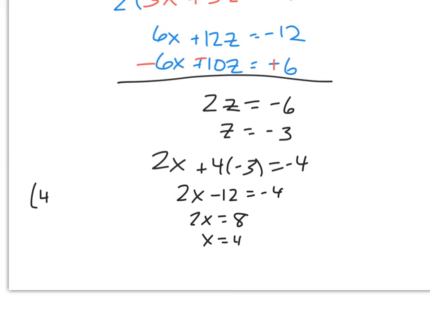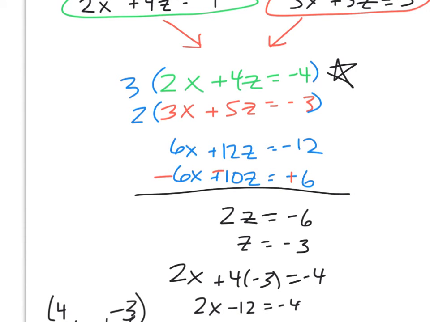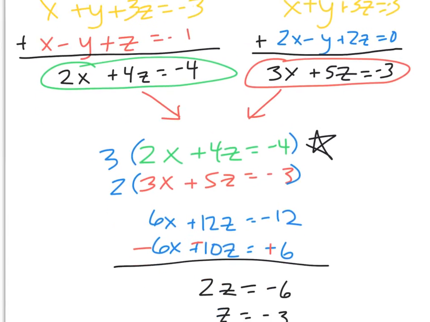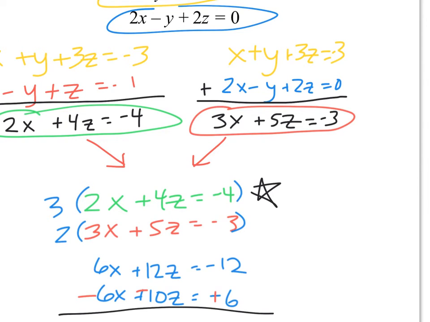So I have 4. I need to solve for y. I have -3. And now I'm going to substitute into one of my original equations, 4 for x and -3 for z. It's hard to keep all these in mind. Okay, so I'm going to copy down just the bottom equation, 2x minus y plus 2z equals 0.